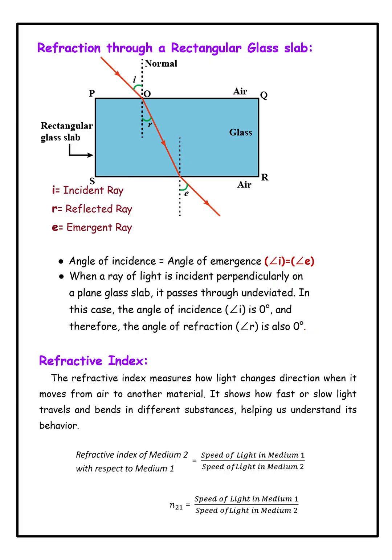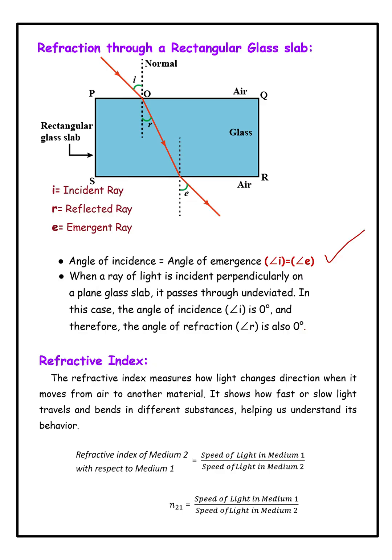Refraction through a rectangular glass slab. Here we have taken a glass slab. This experiment can also be done in the physics lab. In the diagram of the rectangular glass slab, I is the incident ray, R is the refracted ray, and E is the emergent ray, which is coming out. Angle of incidence is equal to angle of emergence. Please remember this.